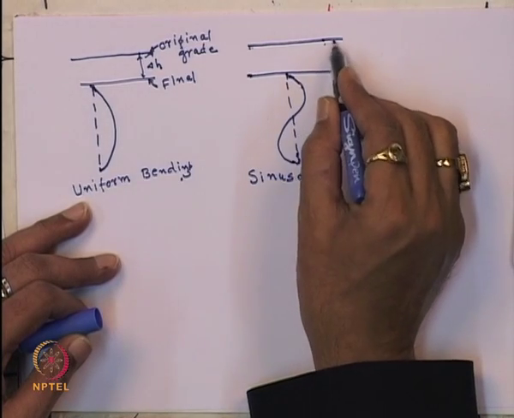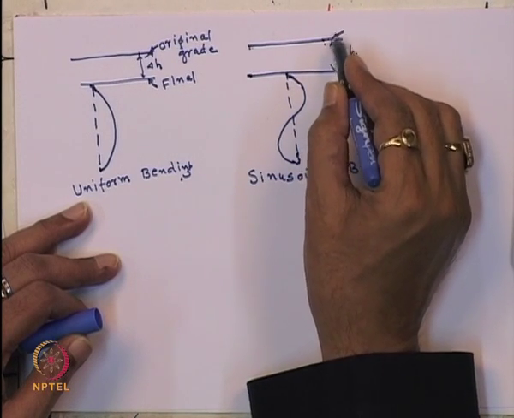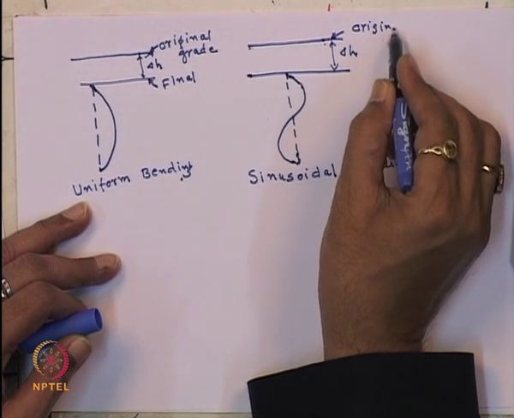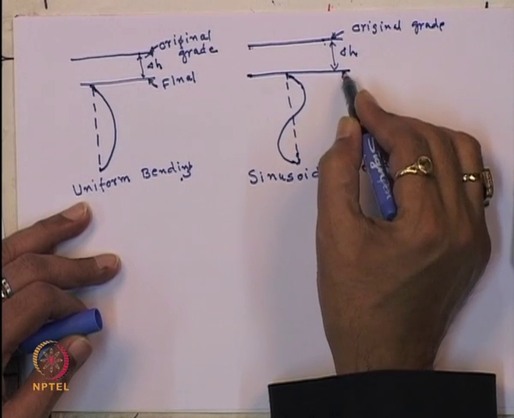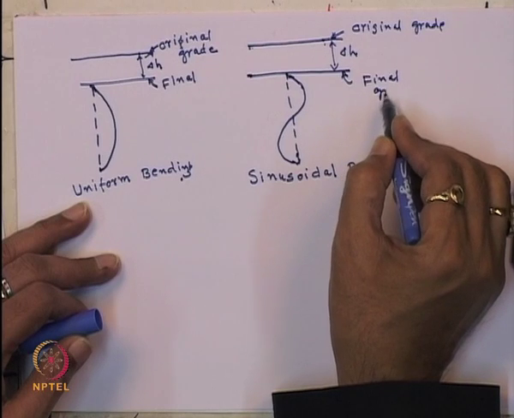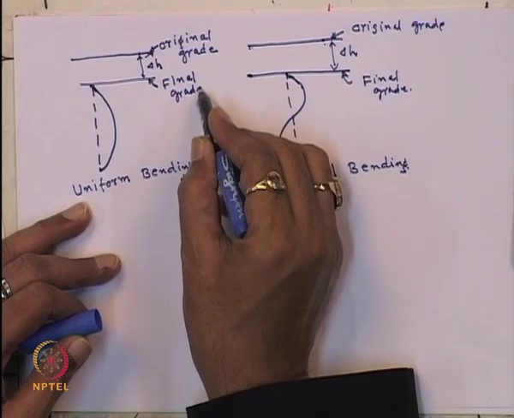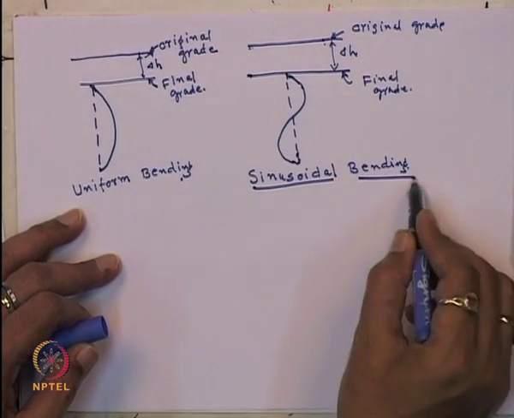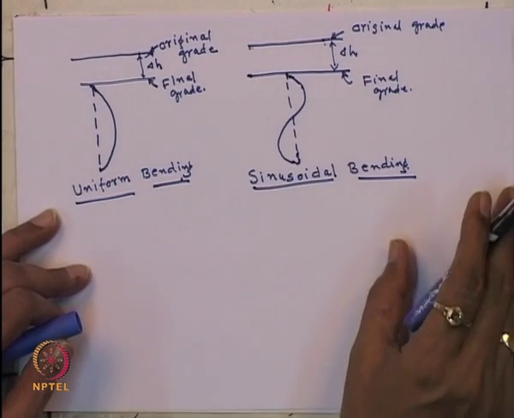This kind of bending may occur. So, this is the original grade and this is the final grade. Okay. So, there may be sinusoidal bending or uniform bending, you do not know, but this may happen.